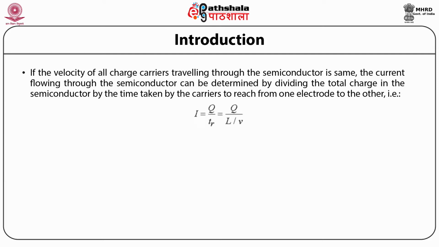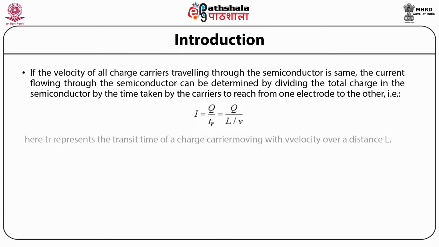That is, I equals Q divided by T_R, which is further equal to Q divided by L divided by v. Here T_R represents the transit time of a charge carrier moving with the velocity v over distance L.